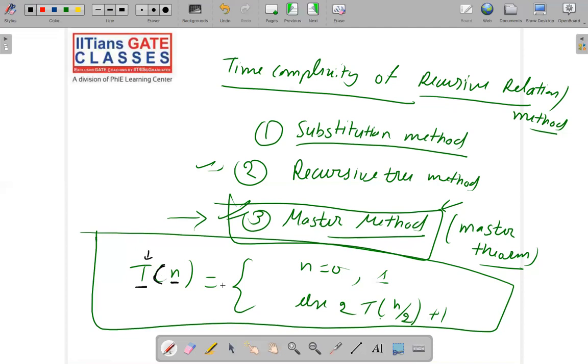Then in the same function, we are passing n by 2 and multiplying that with 2. So it's a recurrence relation, not a recursive relation method. You can call it a recursive method also, but the actual name is recurrence relation.